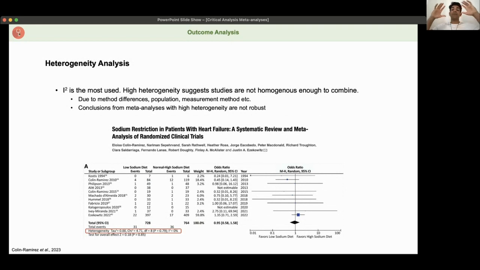If the I-square value is too high, it suggests your studies are too different to draw any reasonable conclusions from. So you shouldn't really combine those studies, because whatever result you end up with in the end isn't really valid. And they're due to differences in a bunch of different things, like I've said there. And again, like I said, high heterogeneity meta-analyses are not great.